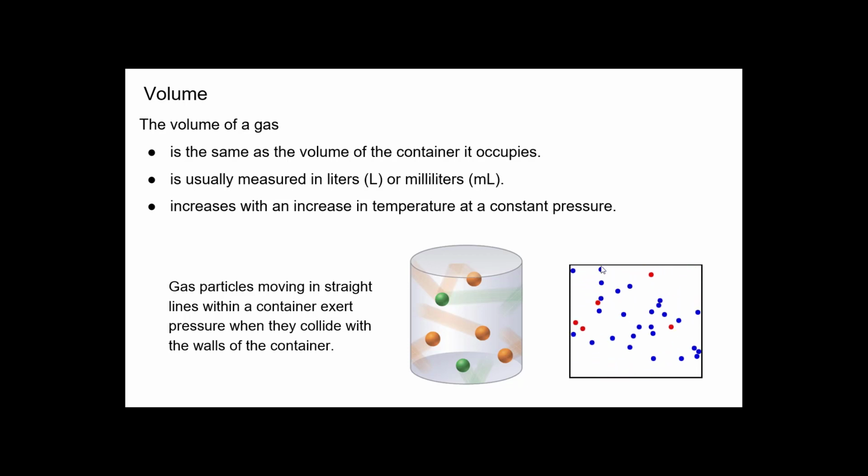Let's say we have a constant pressure, and I know I haven't covered pressure yet, but let's say we keep this at room pressure, which you may not understand yet, but let's just pretend there's a number that goes with that. If we increase the temperature in this box, it's going to increase the pressure, because these molecules are going to speed up even faster, and every time they hit the wall, they increase the pressure.